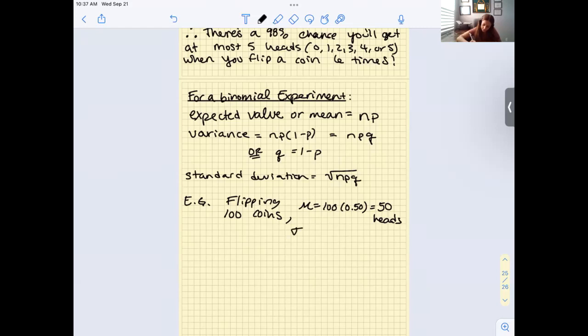So let's calculate the variance. How do you calculate the variance?